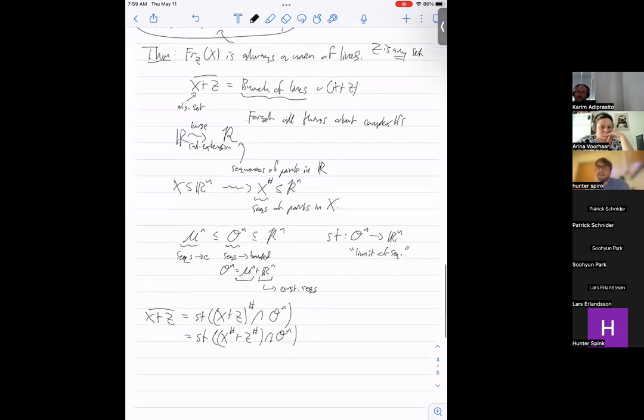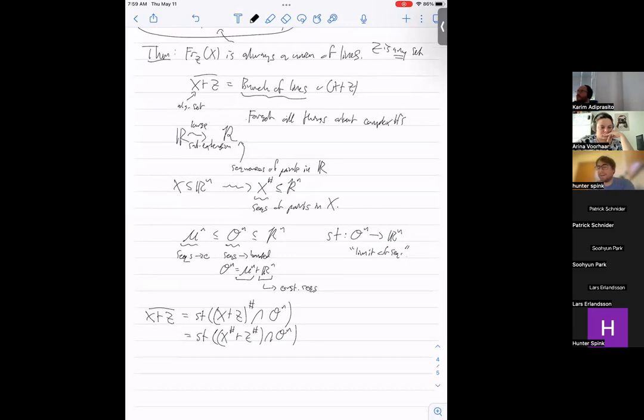Cool. Again, nothing scary has happened. Model theoretically, this is where I use saturatedness, but whatever. I'm working with sequences of points, so it's not rocket science what just happened there. Now I want to split this up into the bounded sequences and the unbounded sequences.